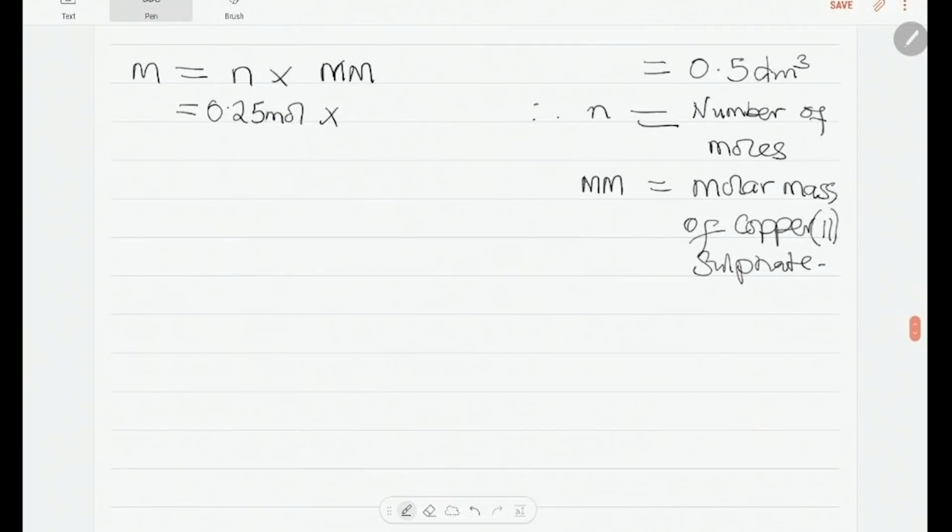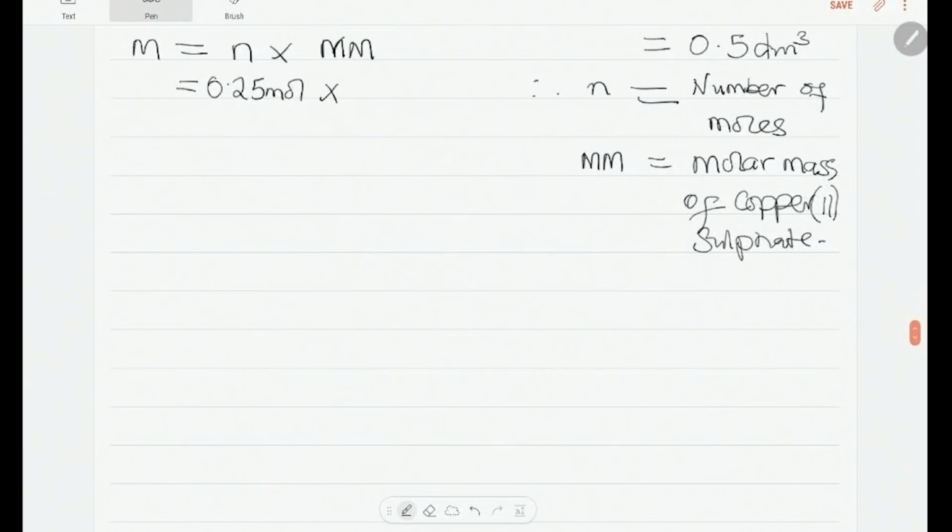Before we put down our molar mass there, we need to calculate the molar mass of copper 2 oxide. And for us to do that, we need to come up with a formula for copper 2 oxide.